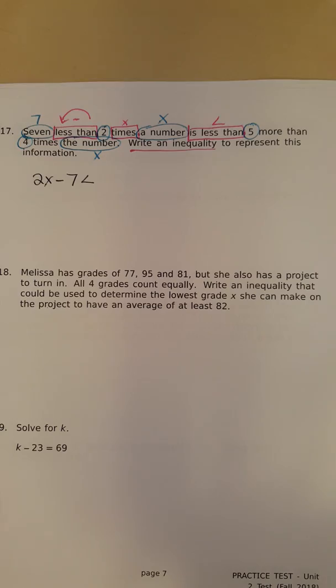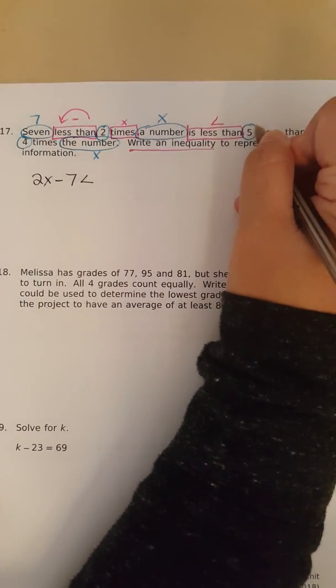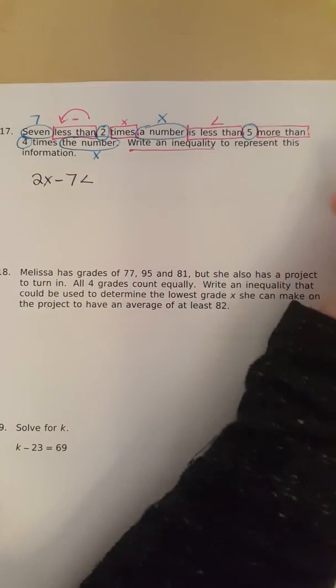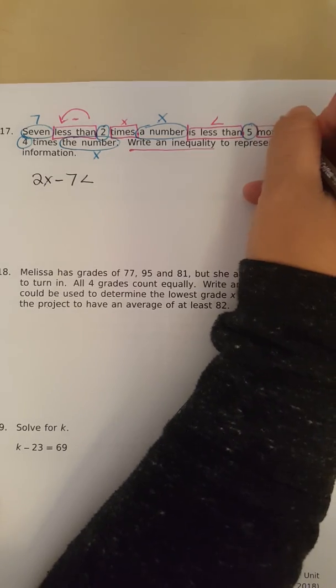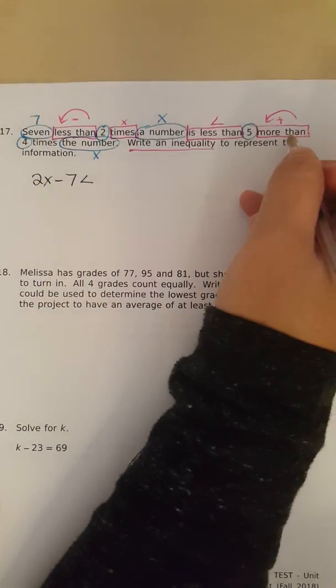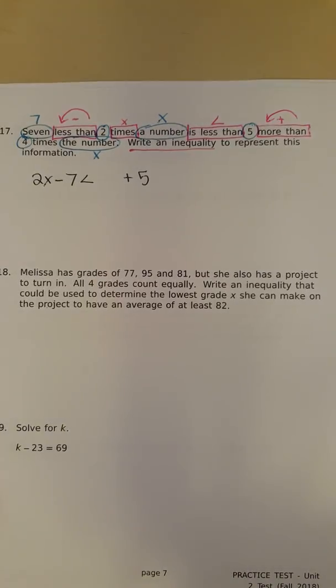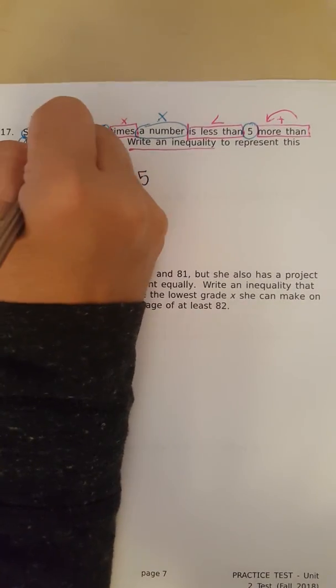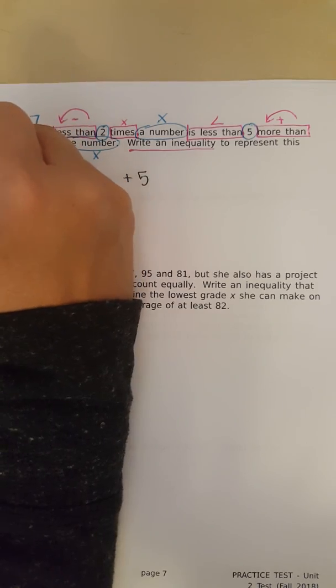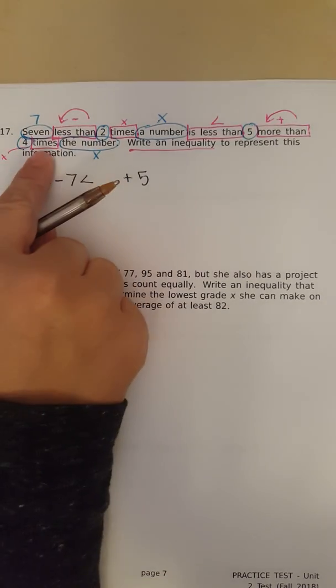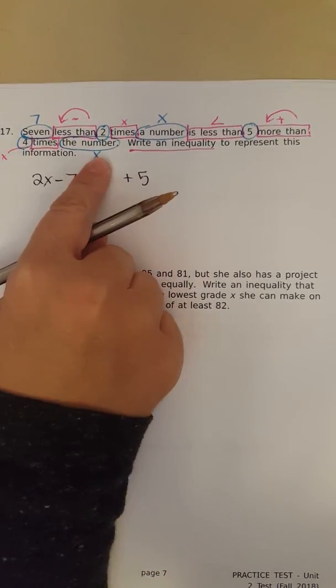5 more than. Okay, so we have more than. More than is also one of our turnaround words. So more than means we're adding, but it also comes at the end. So 5 more than, that means I'm going to have plus 5. 5 more than 4 times the number. Again, times means that we are going to multiply. 4 times the number, so 4 times x.